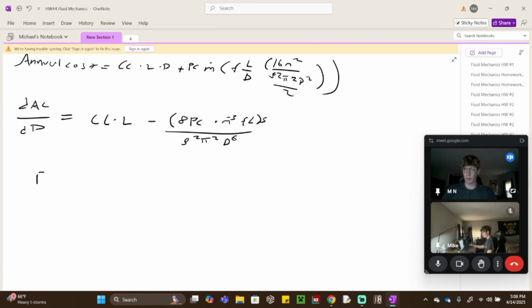And then solving for our D optimal, which is this D right here, we get 40 Pc F over Cc rho pi squared to the 1/6 times our mass flow rate to the 1/2.